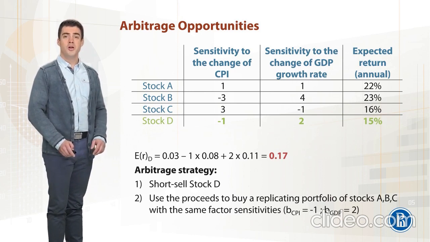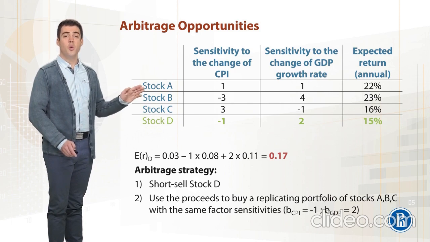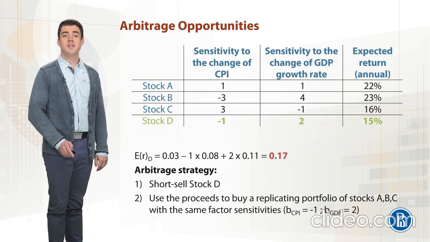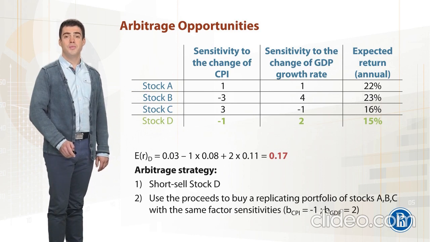As it follows, based on historical data, this stock has the expected annual return equal to 15%. And the question is whether this stock is priced correctly or not. First, we can apply the APT equation for stock D in order to find out that indeed its expected return based on this model should be 17%.